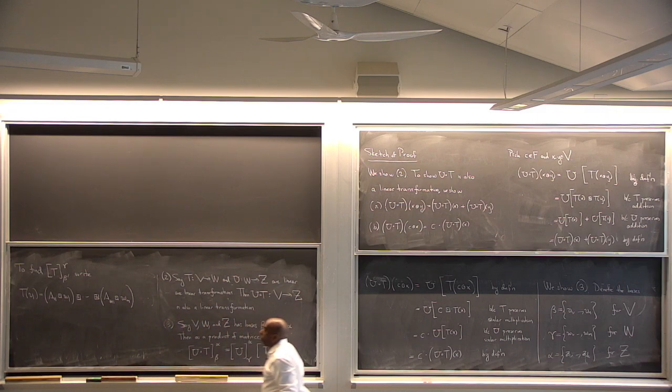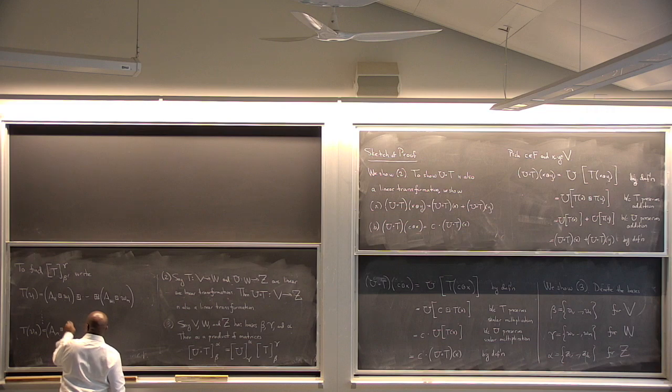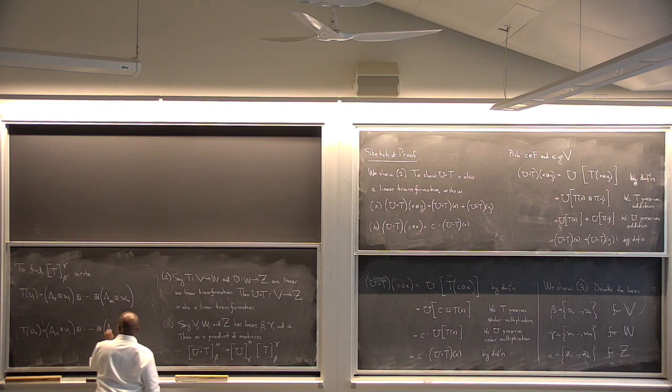Right, so this is A11 through AM1, and we'll keep going down the list through TVN. So this is A1N, all the way down through AMN.